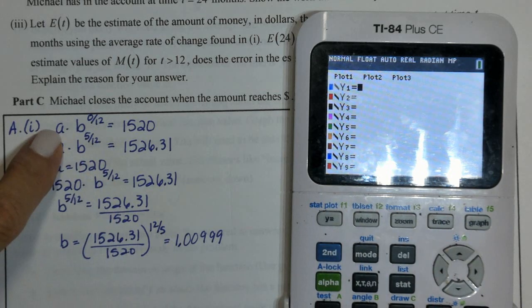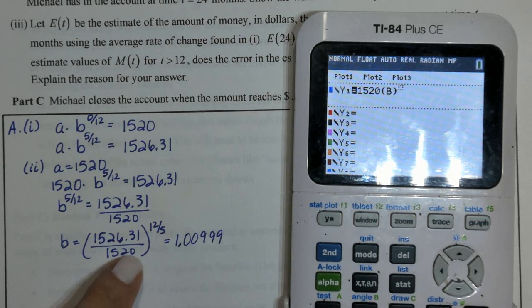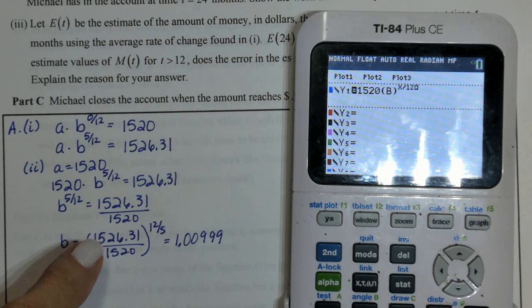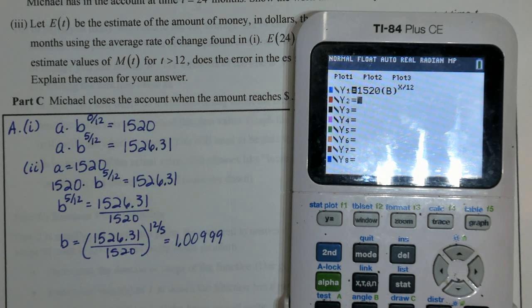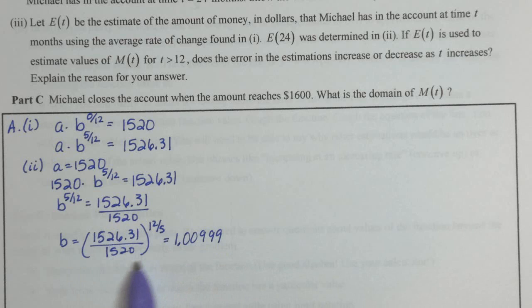So it was 1520 times B to the x over 12. There's my function. Since B is bigger than 1, we're looking at a growth situation, right? It's a growth situation.